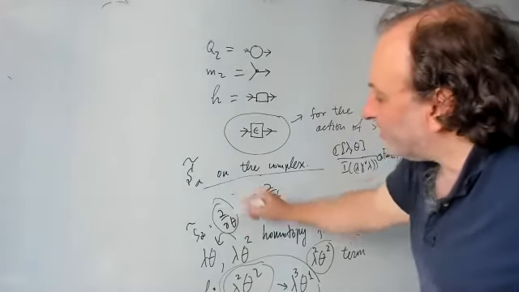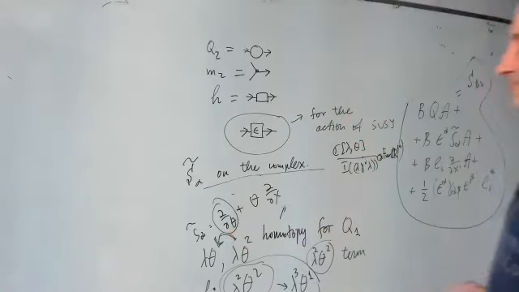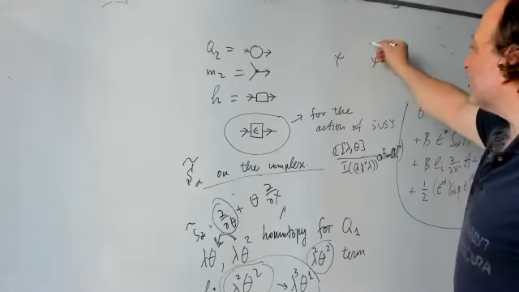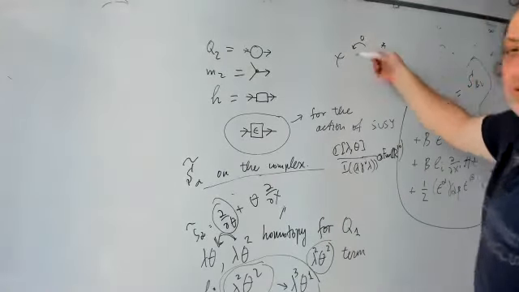So d over d theta was acting in this way, and it is not acting from psi star to psi. So here it's not acting.